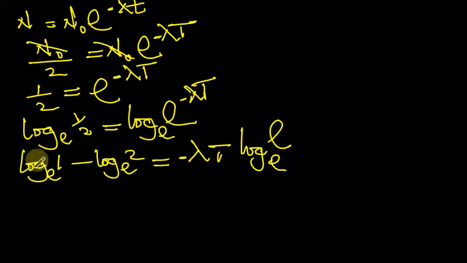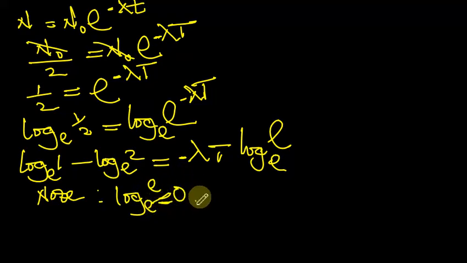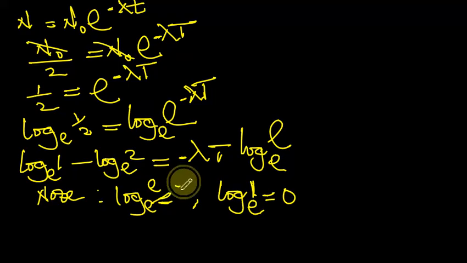Note, logarithm of a number to the same base is 1. Similarly, logarithm of 1 to any base is 0. So logarithm of a number to the same base is 1, then logarithm of 1 to any base is 0.